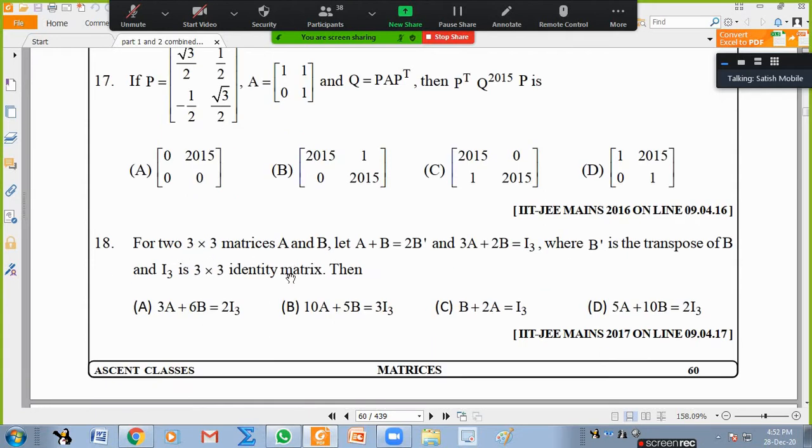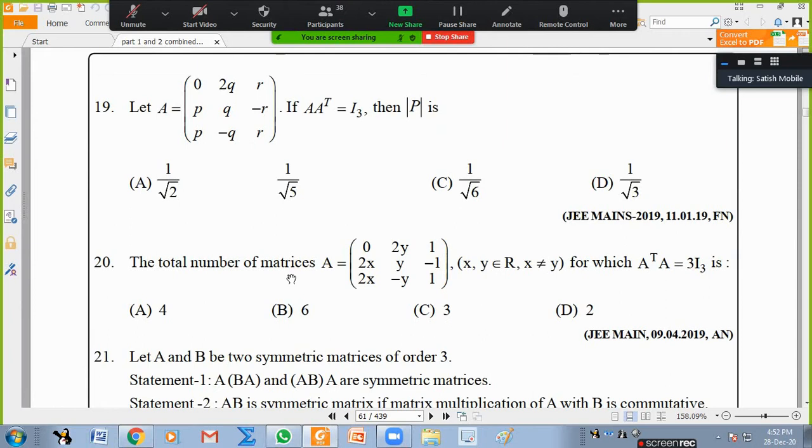18 I discussed in the other class. If somebody wants, they can see later. Okay, 19. Anybody any doubt? It should be small p there. Okay, 19, no doubt. 20, anybody doubt? Almost same, slight change.